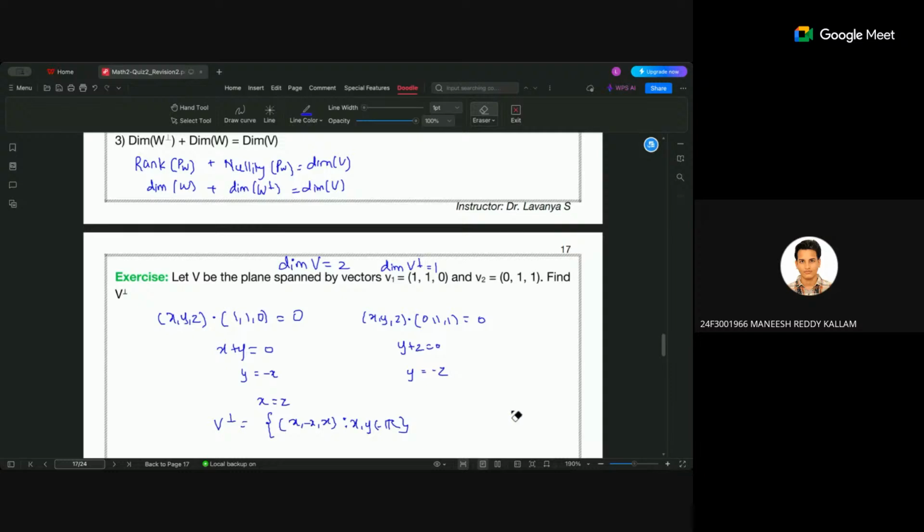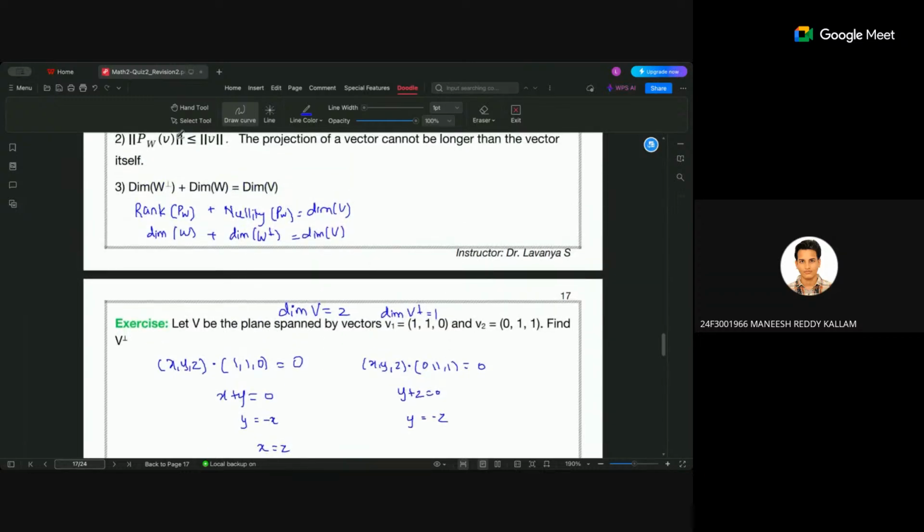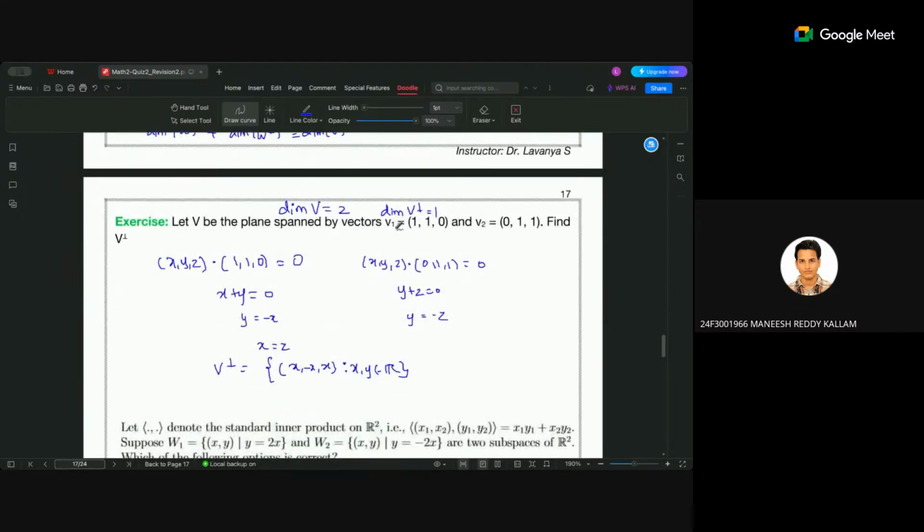Ma'am, could you repeat how you made that statement about the rank nullity theorem? See here, because of the rank nullity theorem, I know that the whole space here is R3, and V is a subspace of R3.